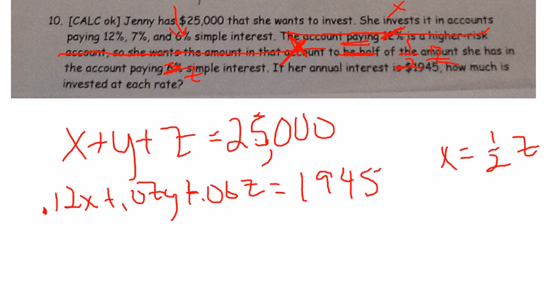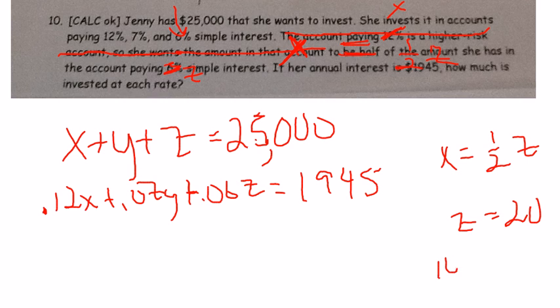What I want you to do when you get this equation is test it. She wants the 12% to be half of the 6%. So let's try it. For example, let z equal 20. Now ask yourself, which one is the z? Z is the 6%, right? So what's half of 20?